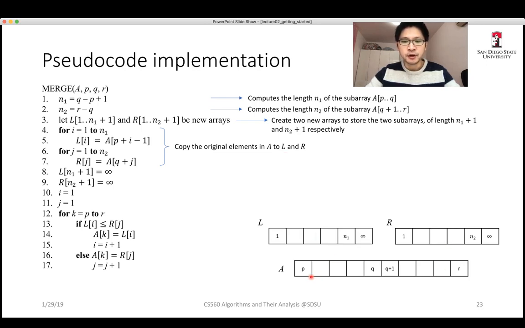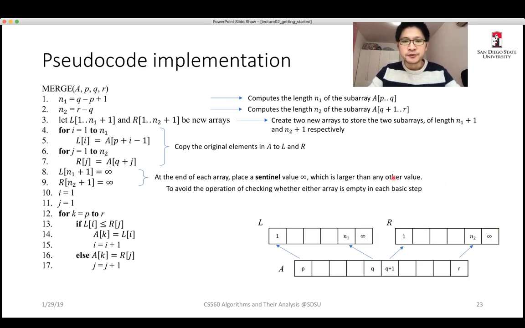We just copy the elements from A[P] to A[Q] to L, and the elements from A[Q+1] to A[R] to R. And from line 8 and line 9, we just append a sentinel value infinity at the end of each new array L and R. So these two sentinel values are just for easier comparison when we carry out later steps.